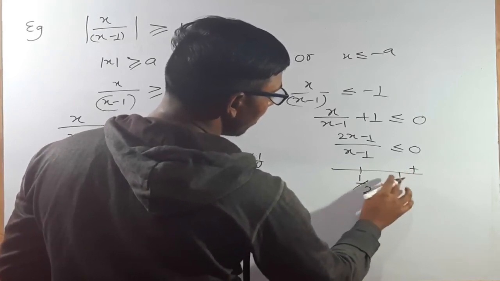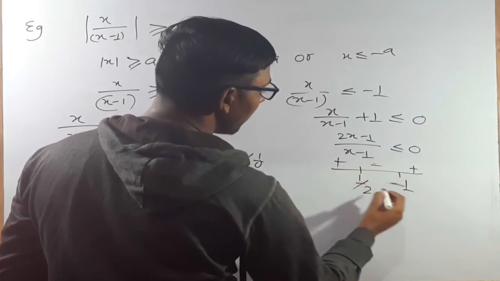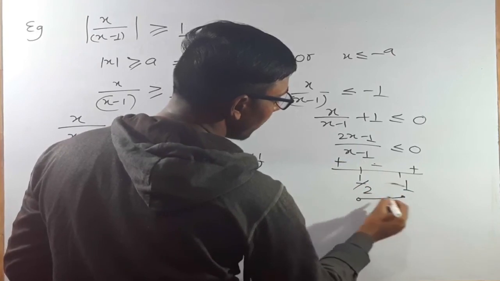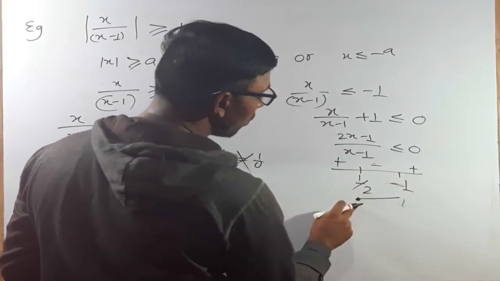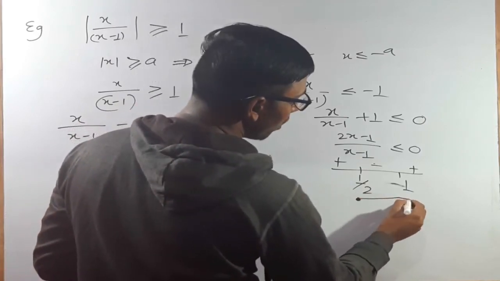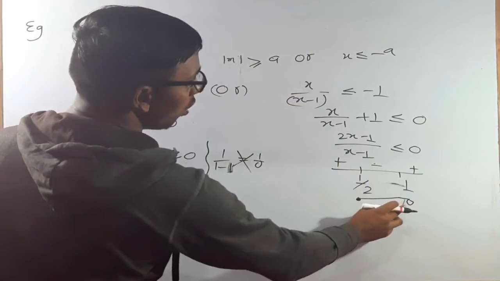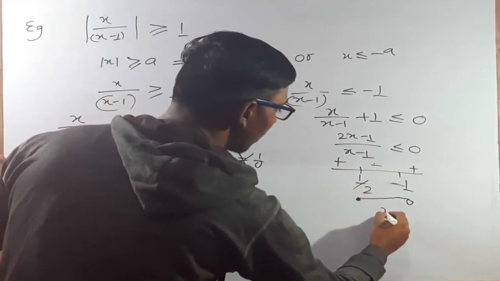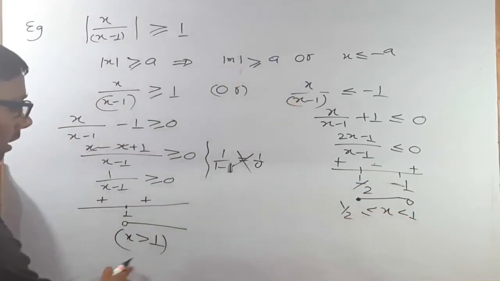Positive, negative, positive. So here we need to focus on 1 by 2. We are going to include 1 by 2, but we cannot include 1. So here this is hollow. So we can say x should be less than 1 and greater than or equal to 1 by 2. Now we need to take the union of these values.